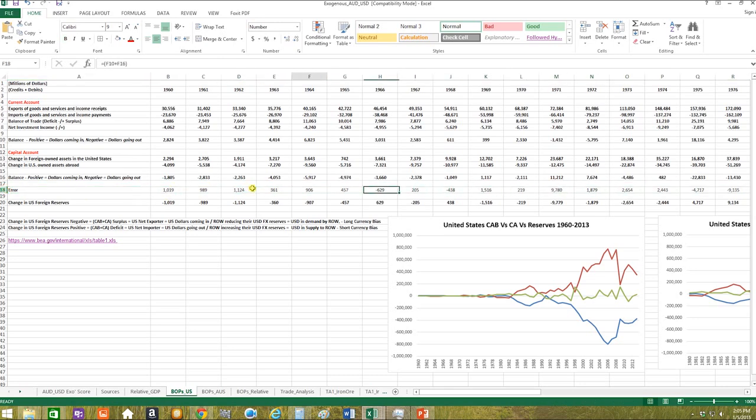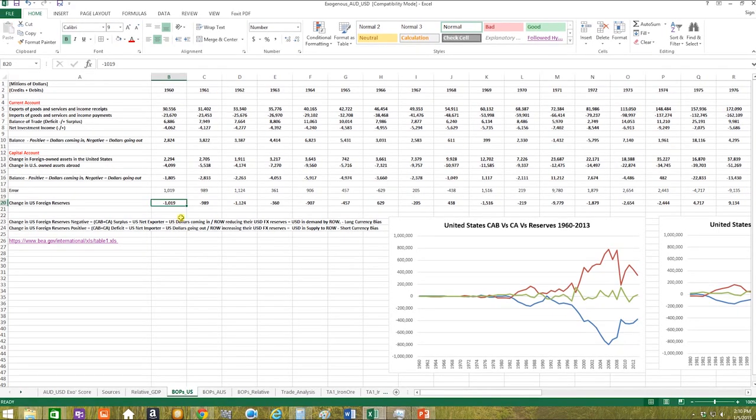They don't actually equal each other. They don't net each other off. The inverse of this is what needs to be added back in, so it does balance, and that is the balancing item. And the balancing item is essentially the change in US foreign reserves.